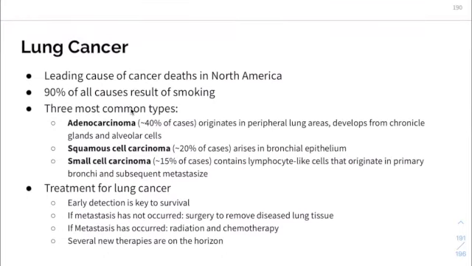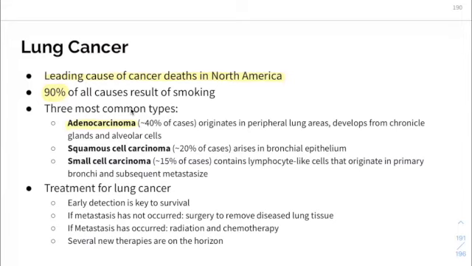Lung cancer. It's the number one cause of death in the US. 90% of cases come from smoking. We have adenocarcinoma. Anything with carcinoma is cancer.